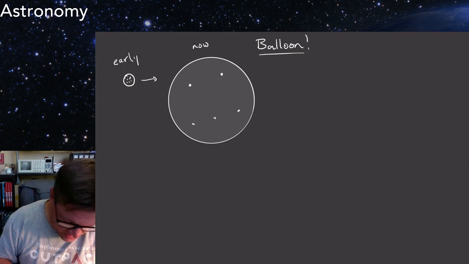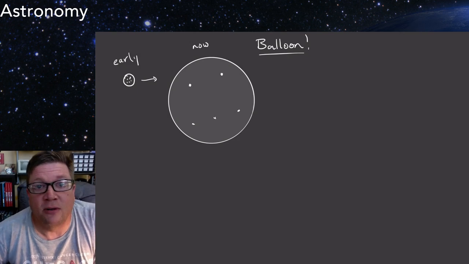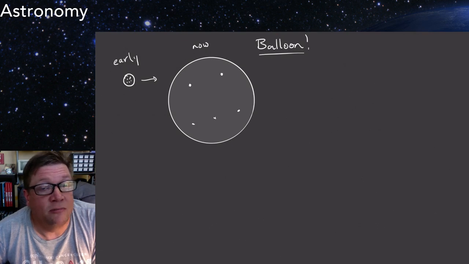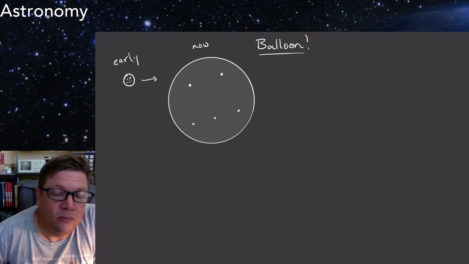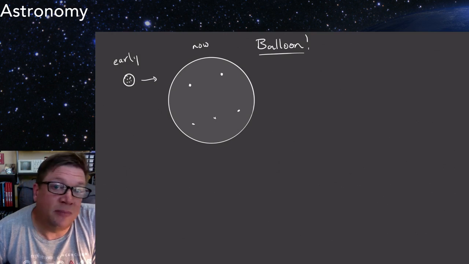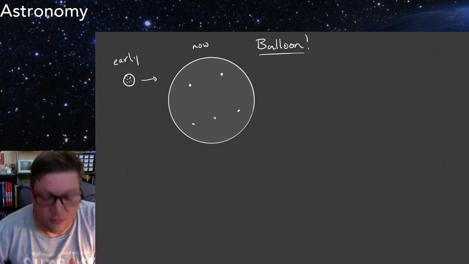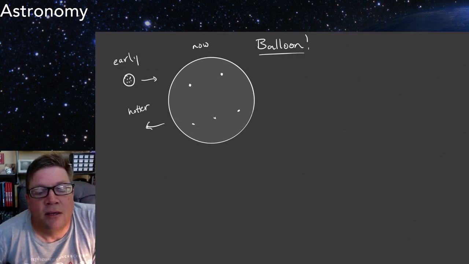Well, what happens if you make it smaller? If you go back into the past and you make the universe smaller, well, what happens if you compress a gas or you compress radiation? Turns out you heat it. So what you might suppose is that if we run the clock backwards and we go further into the past, the universe gets hotter. Which is true.